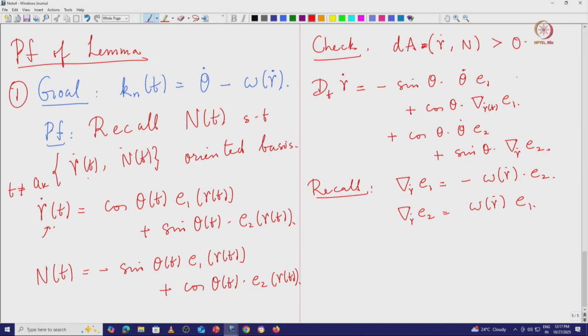So if you plug that in, the intrinsic acceleration is going to be minus sine theta theta dot E1 minus omega of gamma dot cos theta E2 plus cos theta theta dot E2 plus omega of gamma dot sin theta E1.